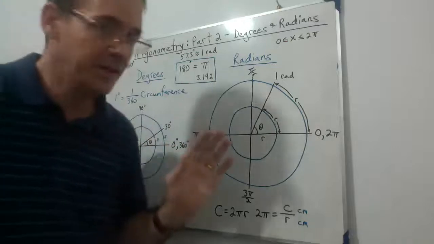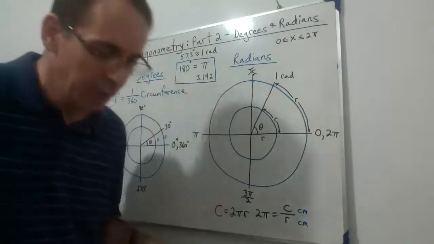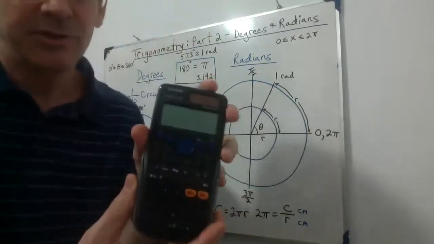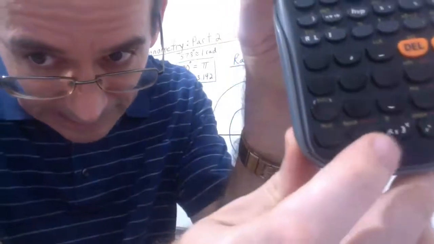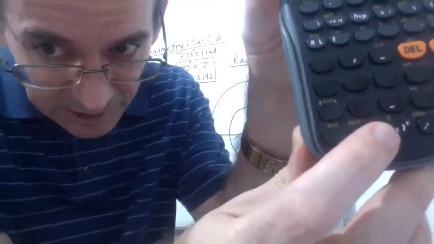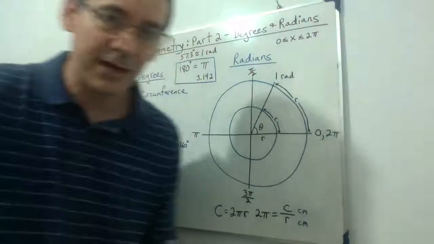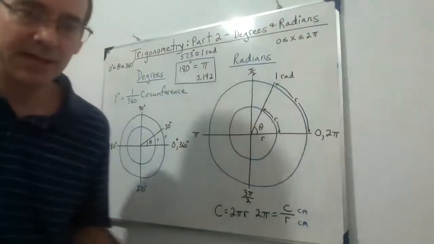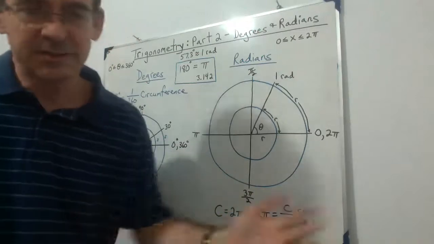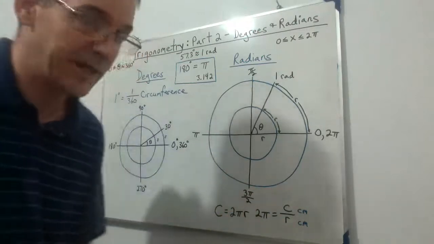So for Cambridge, use 3.142, or better yet, use your calculator, and somewhere in your calculator, you can see the little pi sign right there. And so you can just use the pi value on your calculator, which will give you, of course, all the digits. And you don't really need them all, but since it's in your calculator, you can just use that.